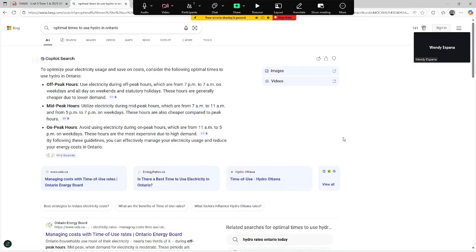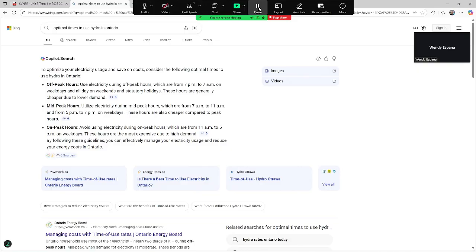So what happens is, depending on when you use it, how much they charge you is based on when you're using it.